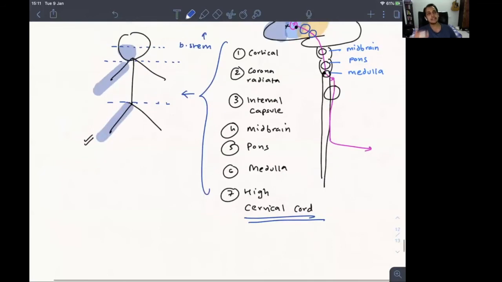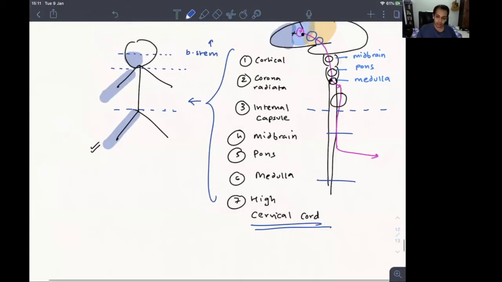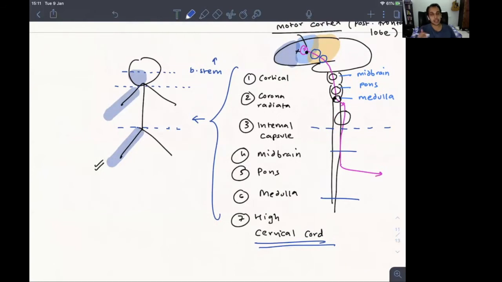For hemiparesis, you need involvement of both the arms and the legs. That is why the level of the lesion will stop at the cervical cord. Okay, so a dorsal lesion or a lumbosacral lesion will not cause hemiparesis. So these are the different areas in which the pyramidal tract can be involved and can cause hemiparesis.